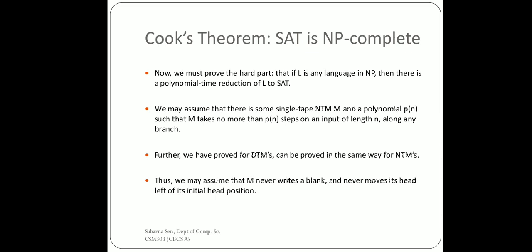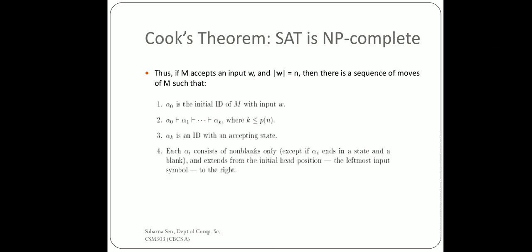If we have to process an n-length string, and the head starts at the initial position, it can move up to n places. There is no meaning in moving left or right beyond that, because it consists of only blank symbols. If we cover all n positions, that is okay for us. We are not going to cover the blank positions.